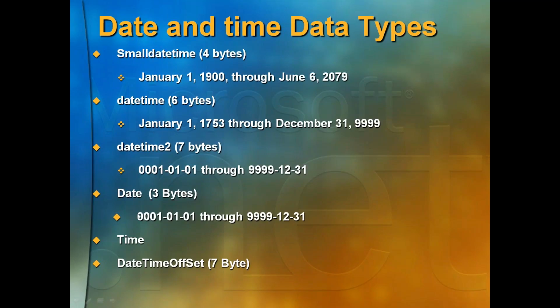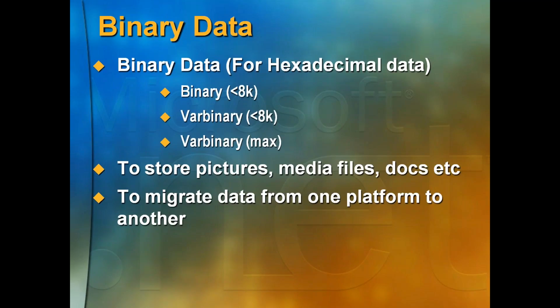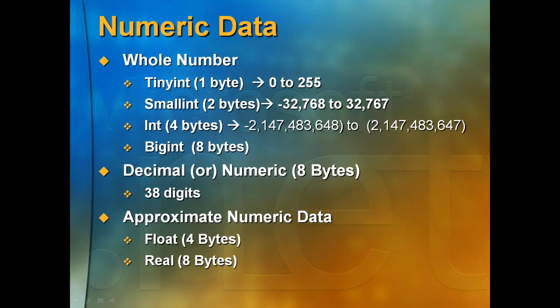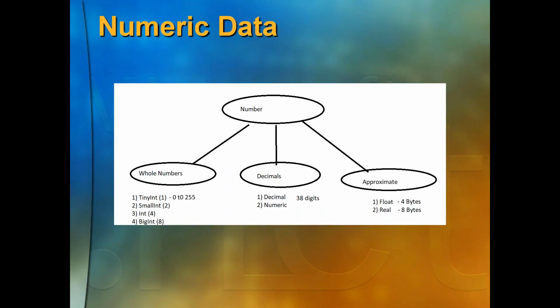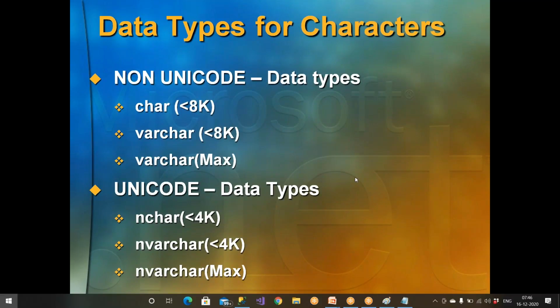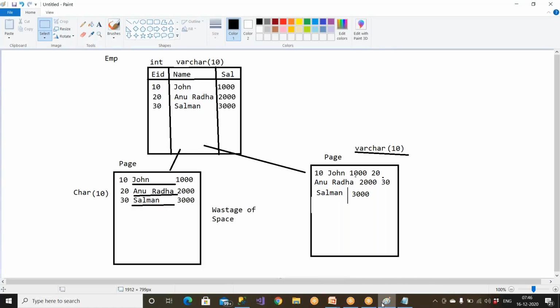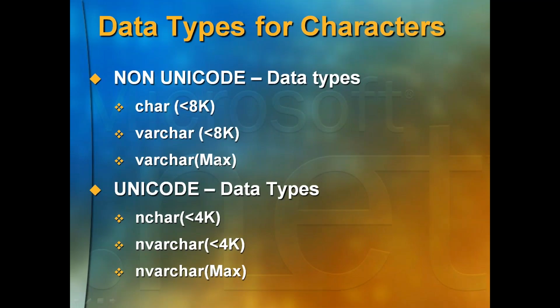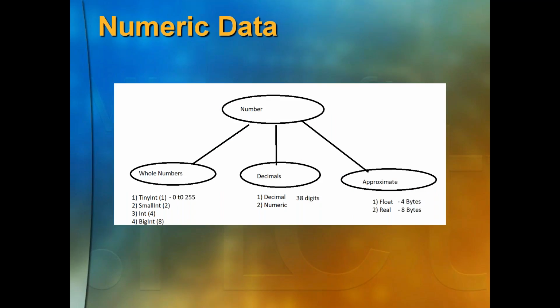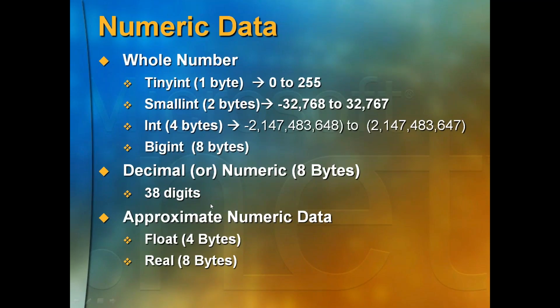Clear? So these are the types we use to store date and time. From tomorrow, we'll discuss binary data. Are you clear? You may ask me, even though we have letters, special characters and numbers in character data, why is numerical data needed separately?